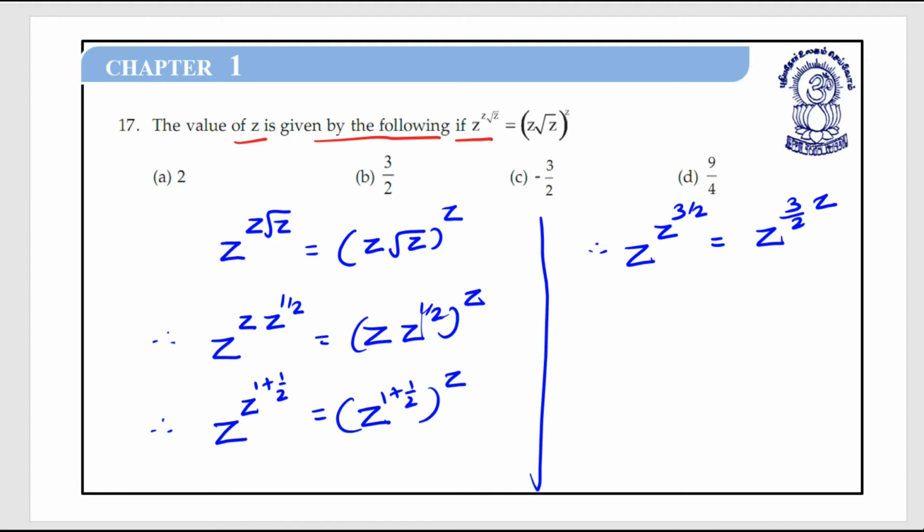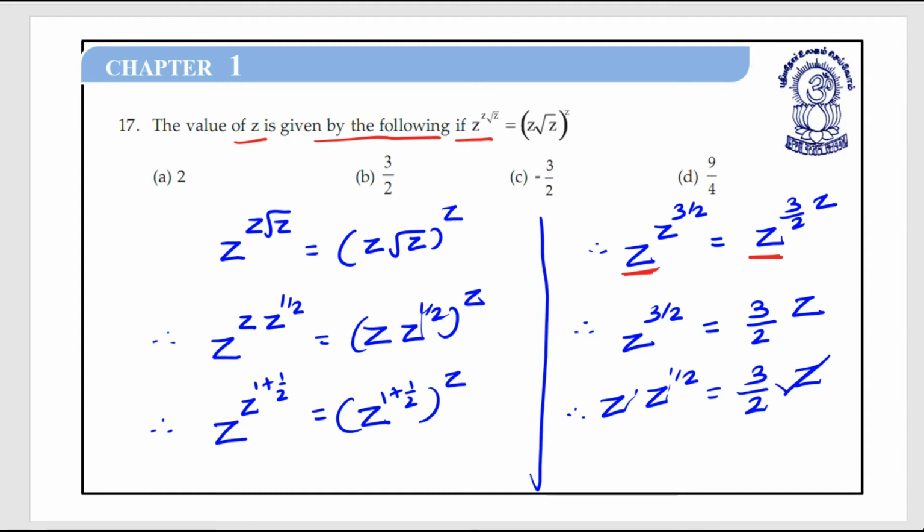Here the base is the same, so the powers are equal: z raised to 3 by 2 is equal to 3 by 2 z. So we can write z into z raised to 1 by 2 equals 3 by 2 z. z cancels, so z raised to 1 by 2 is equal to 3 by 2.